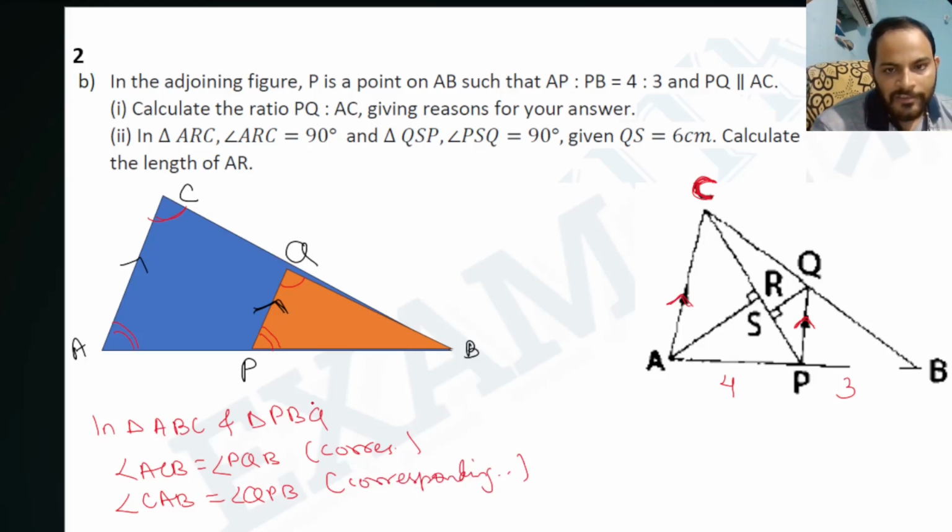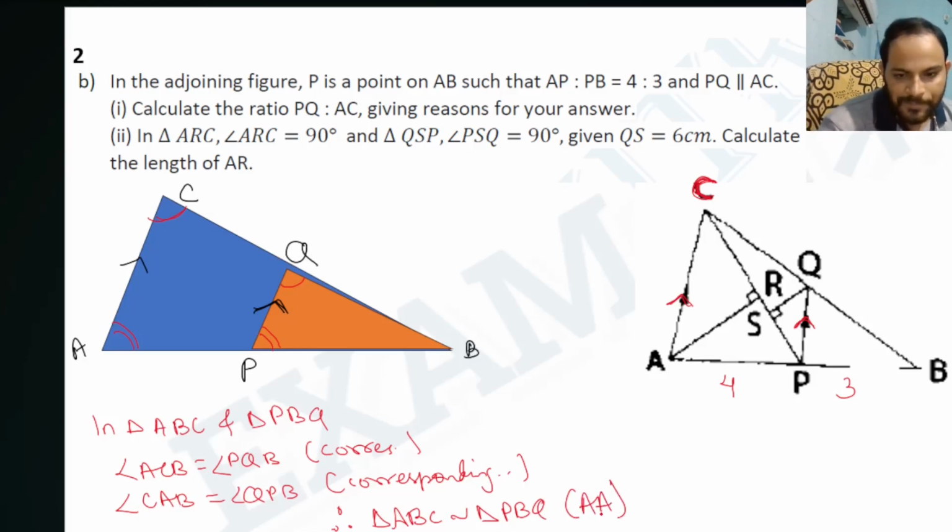And we have a criterion for similarity of two triangles, that if two corresponding angles of two triangles are equal, then those two triangles are similar to each other by the angle-angle criterion. So we can say that triangle ABC is similar to triangle PBQ by the AA criterion.